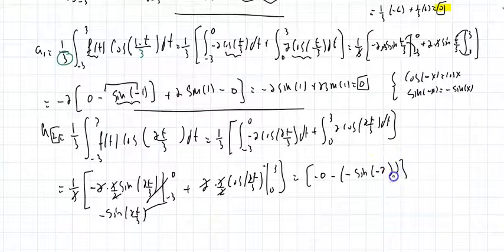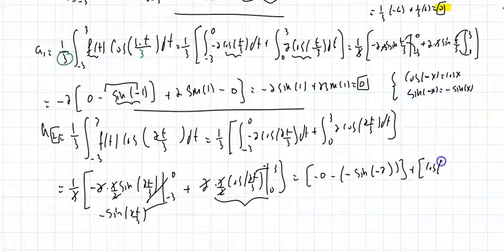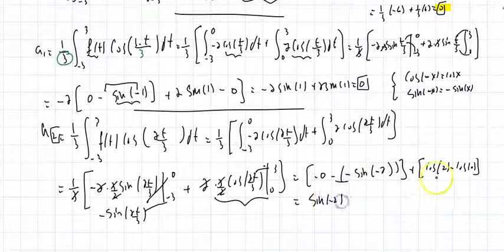That's it. Here, I'll get the cosine. If you put the 3 in, the 3's cancel out, of 2 minus the cosine of 0. That would be the sine of negative 2 plus, okay, I used cosine instead of sine.